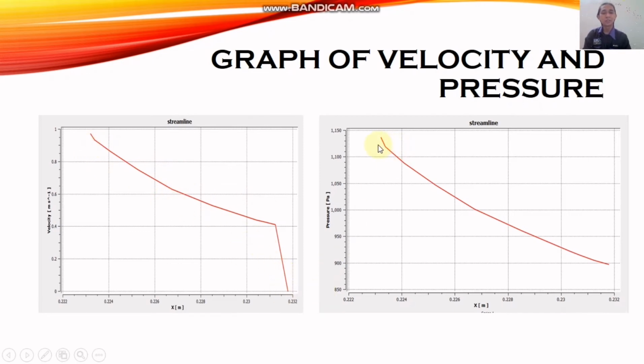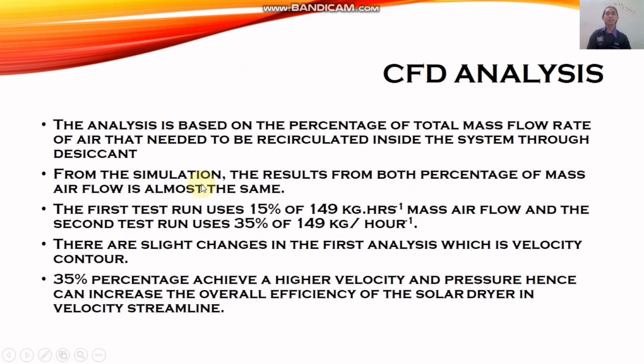The same goes for the pressure. The highest pressure is 1.140 Pascal, and the highest velocity is about 0.95 meters per second.